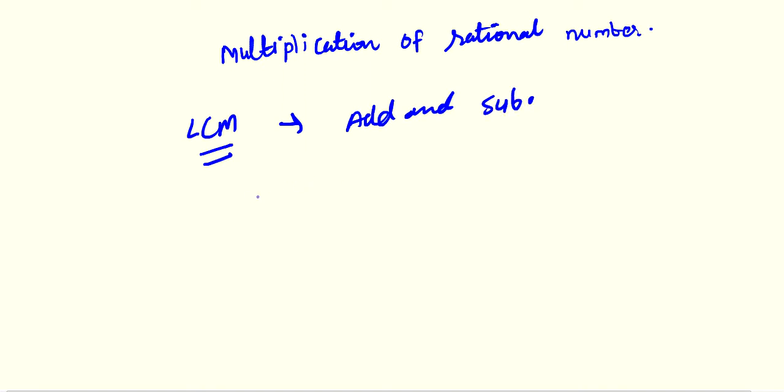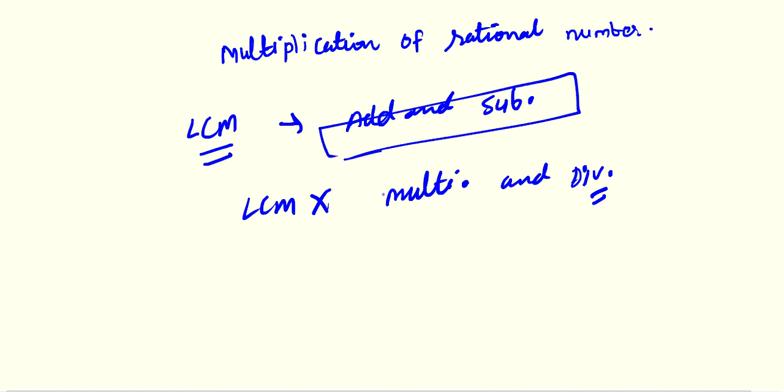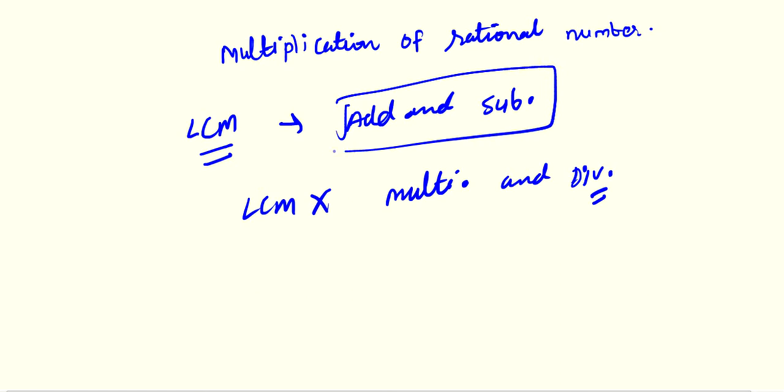There is no need of finding the LCM in multiplication and division. That means LCM is required only in addition and subtraction, not in multiplication and division. Just keep that in mind. Okay.